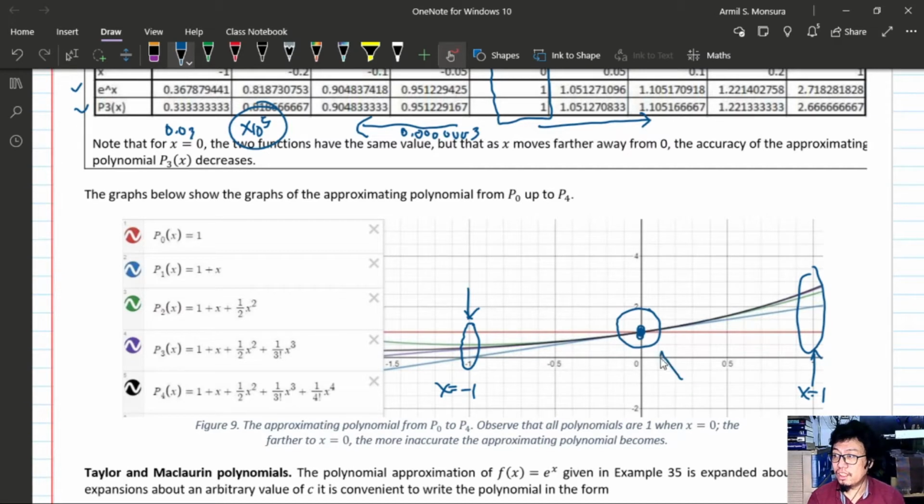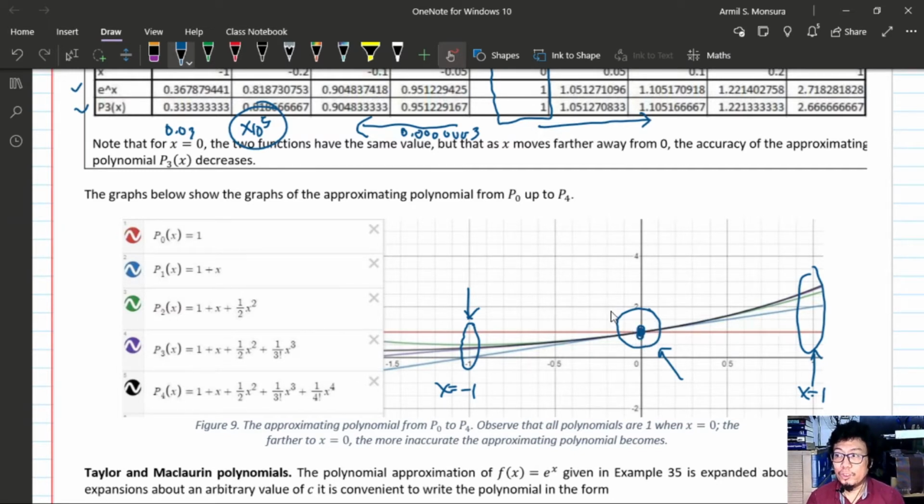So if this is the center of your approximating polynomial, any degree of your polynomial would be close to the original function around here. Of course, the higher the degree of the polynomial, the better the approximation near here.